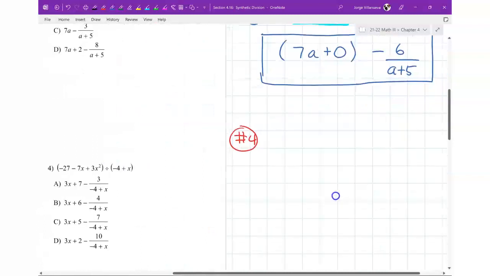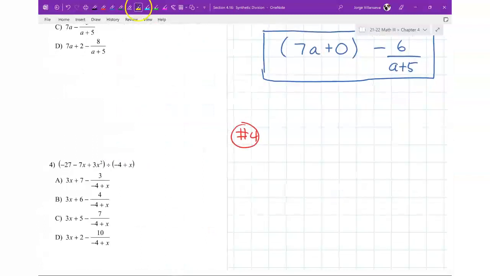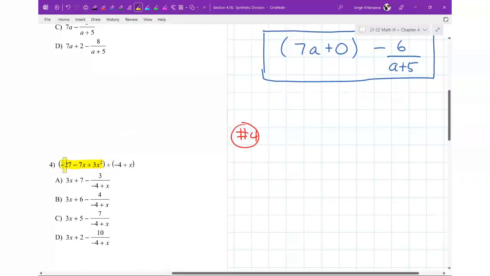So number 4, notice how number 4 is written backwards. It has the 3x squared on the right side, right? And it has the negative 27 in the front. Just rewrite it, okay? So I'm going to put 3x squared minus 7x minus 27.